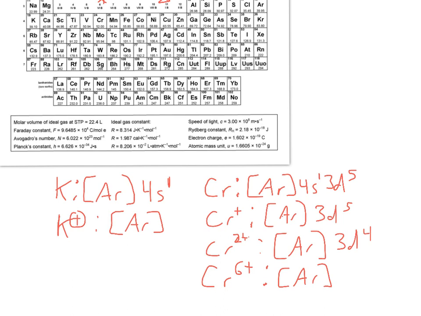Chromium has 6 valence electrons, since we're dealing with transition metals. Depending on the rules that you observe, the valence electrons are the s and then the n-1 d electrons. So 6 valence electrons, 6 plus charge, adopts the noble gas configuration. So the principle is, for cations, the highest quantum number electrons are the ones that are ionized first.